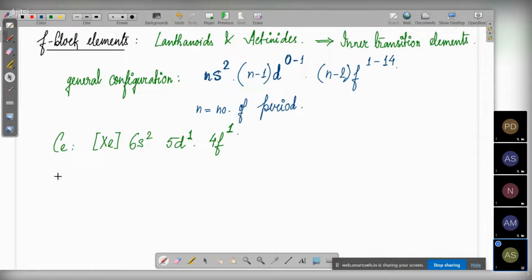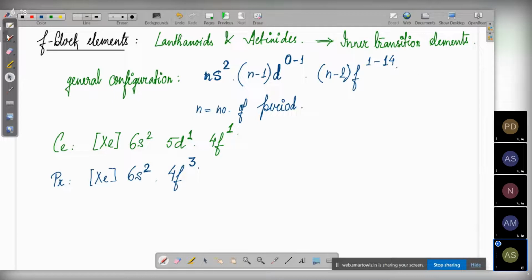Then see for praseodymium. The configuration for praseodymium, what does it say? ns2, that means 6s2, because it is present in the 6th period. Then there are no d electrons, so you can write 5d0. But there's no point of writing 5d0 because there are 0 electrons, so what's the point of even mentioning? We'll write 4f3. 6s2, 4f3.